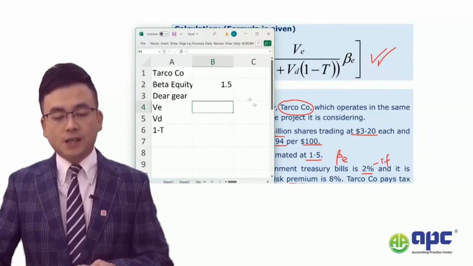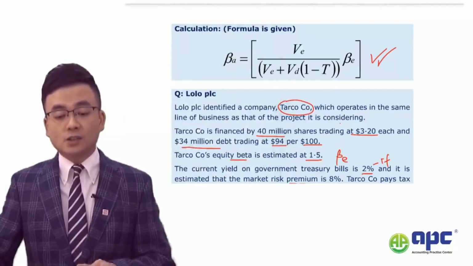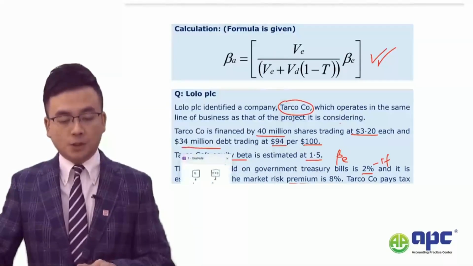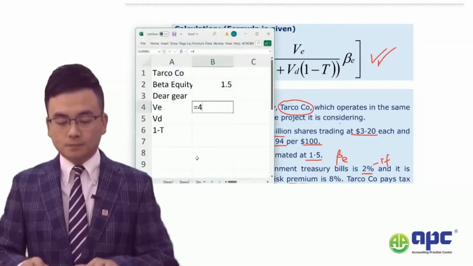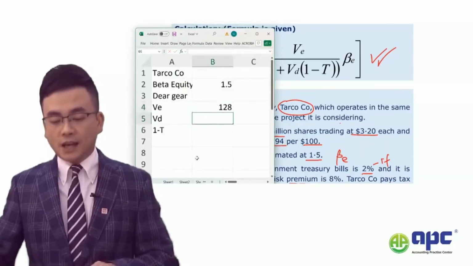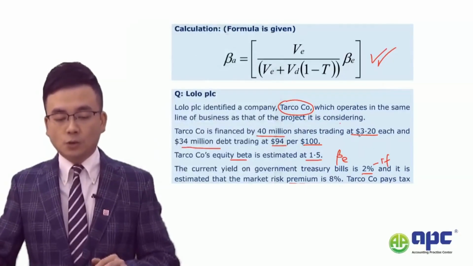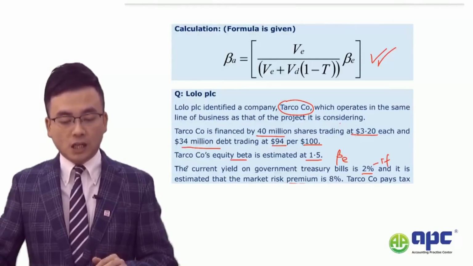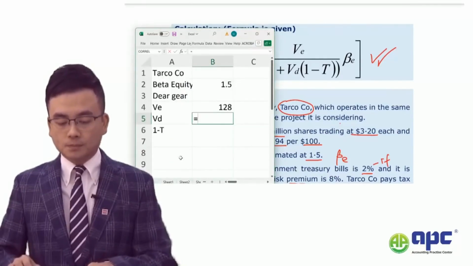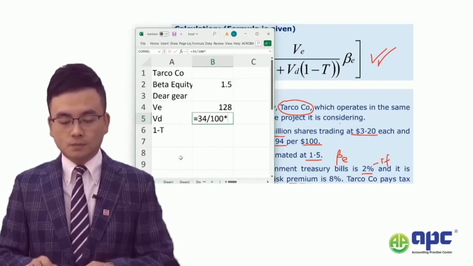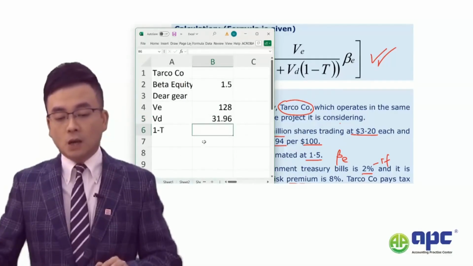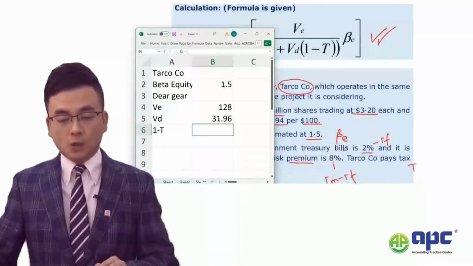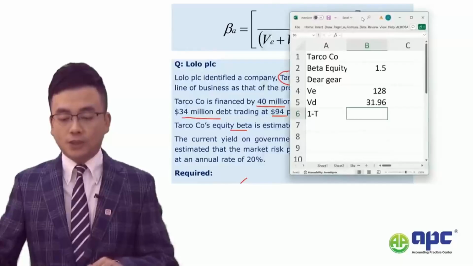Now the value of equity is 40 million shares times 3.2. The debt, we take the total book value of 34 million over 100 times 94. And 1 minus the tax rate, we're told the tax rate is 20%.